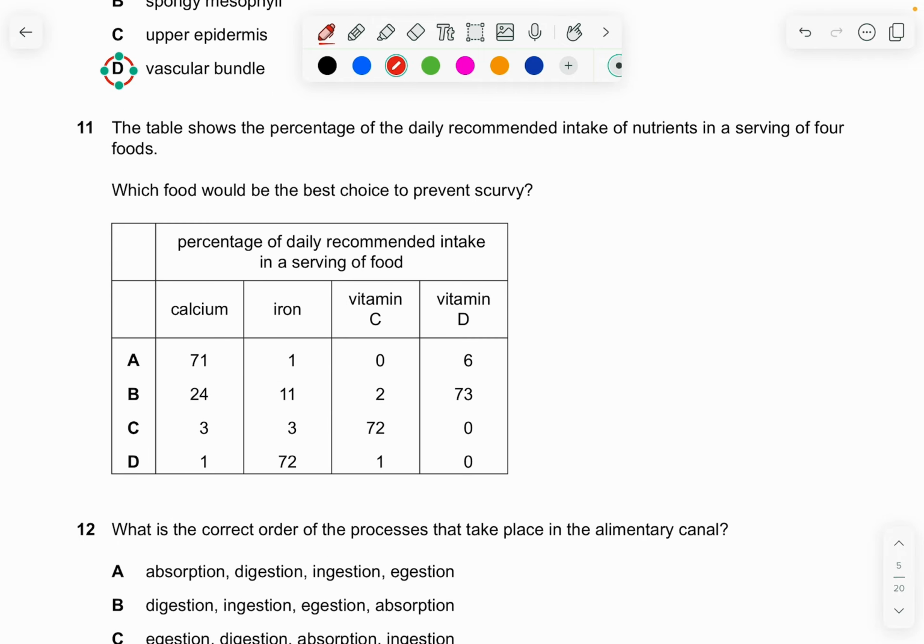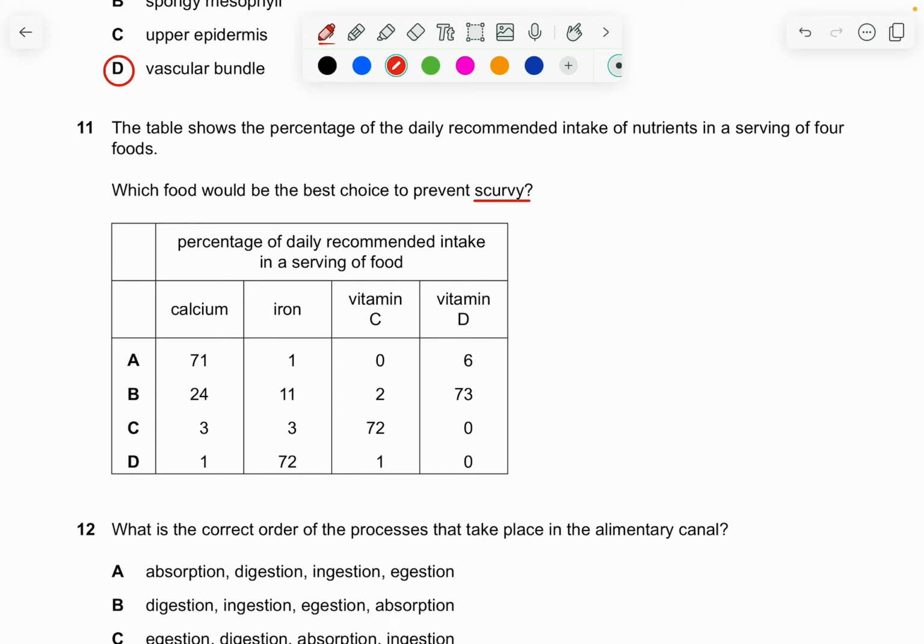Question 11. The table shows the percentage of the daily recommended intake of nutrients in a serving of 4 foods. Which food will be the best choice to prevent scurvy? Scurvy is a vitamin C deficiency. It's very important that you know the vitamin deficiency for both scurvy and rickets.